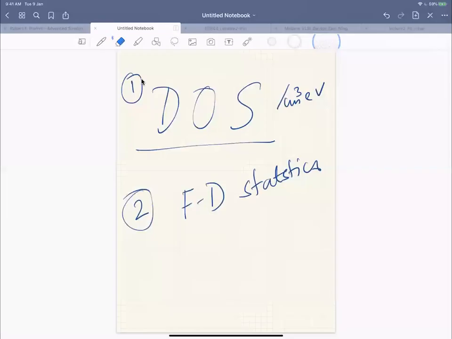We'll see in this course also, to find the number of electrons and number of holes, we have to first know the density of states. Then we'll multiply this by the Fermi statistics, right?